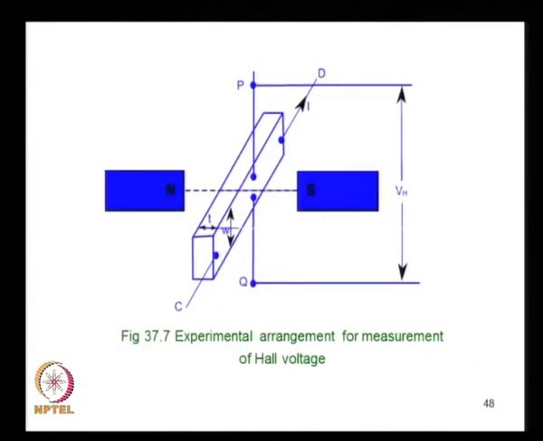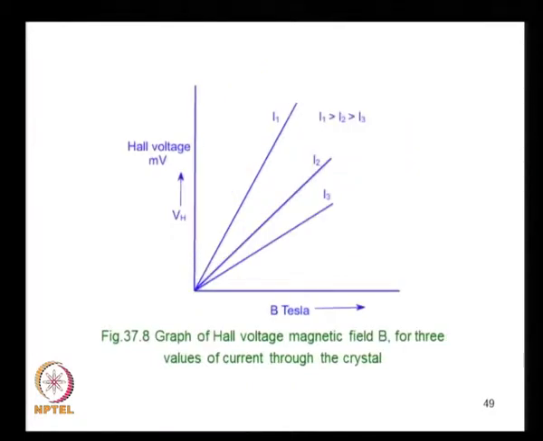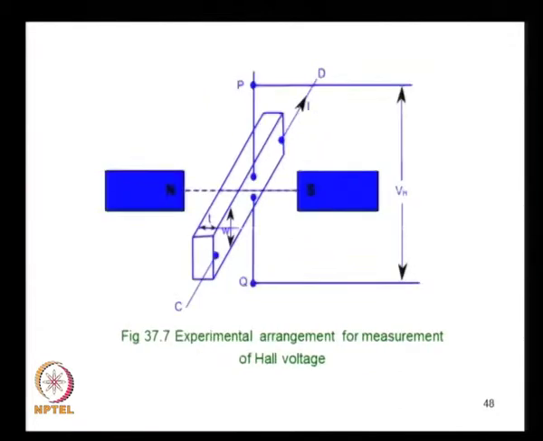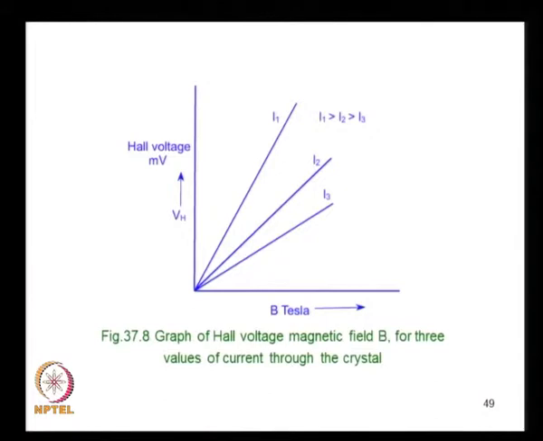So, this is the typical experimental configuration for measuring the Hall coefficient, and contacts are made along to pass the current, and a magnetic field is applied perpendicular to the direction of flow of the current, and then the contacts are made also in the third direction to measure the Hall voltage, and this gives the Hall voltage as a function of the applied magnetic field in different values of the magnetic field.